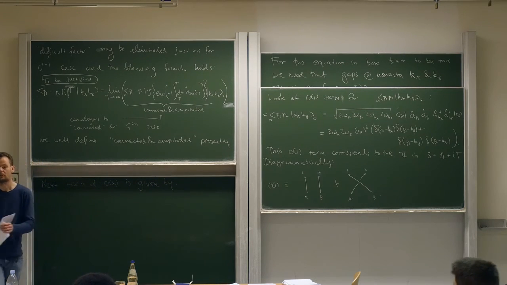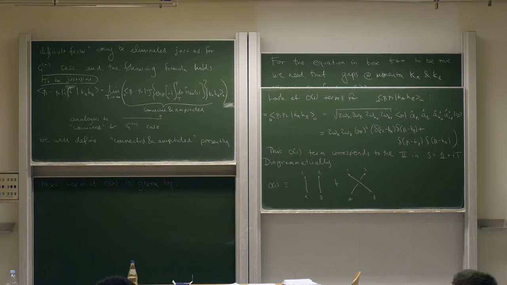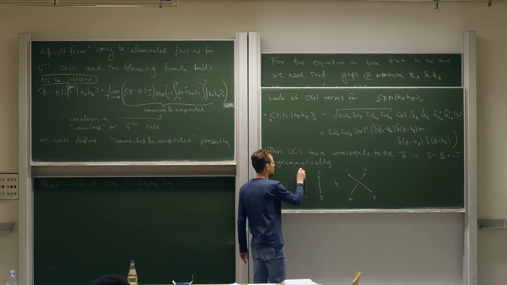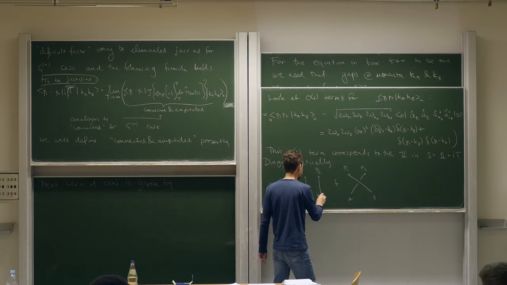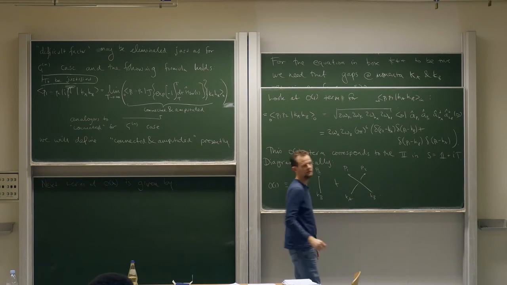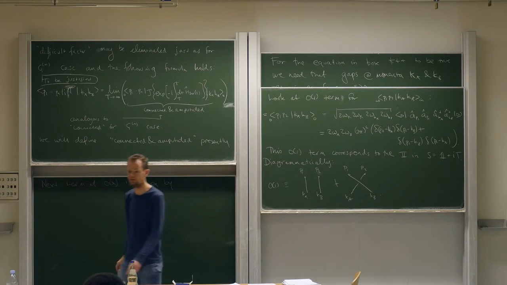Shouldn't we make the diagrams in the momentum space because all our calculations are... That's a good question. Shouldn't we make the diagrams in momentum space? Yeah, we should. To be consistent, we should do exactly that. Yeah, thank you. So we should make arrows, don't we?